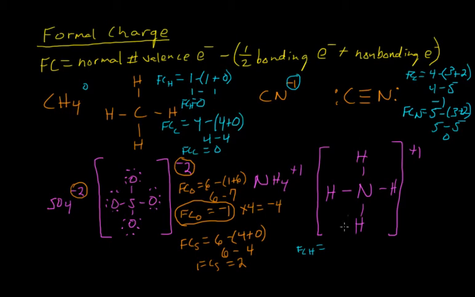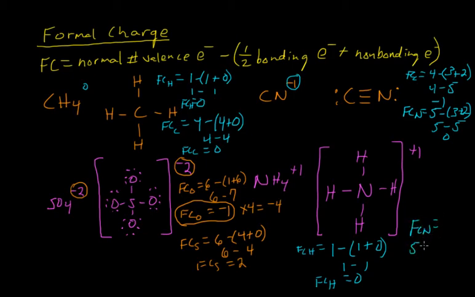But anyhow, the formal charge for the hydrogen: it normally has a valence number of 1 minus half of the bonding. Well, it has 2 electrons that are bonding, so half of 2 is 1. It does not have any electrons that are non-bonding, so that's 0. So 1 plus 0 is 1. 1 minus 1 gives me a formal charge on my hydrogens of 0. And if I do my nitrogen, the formal charge for nitrogen, I'll put this down here.